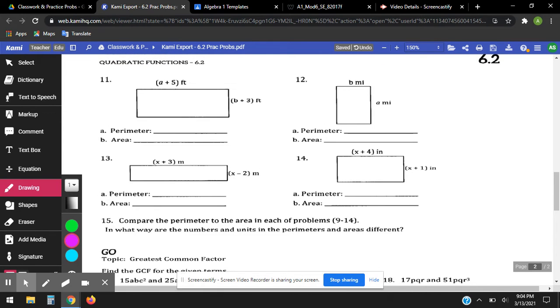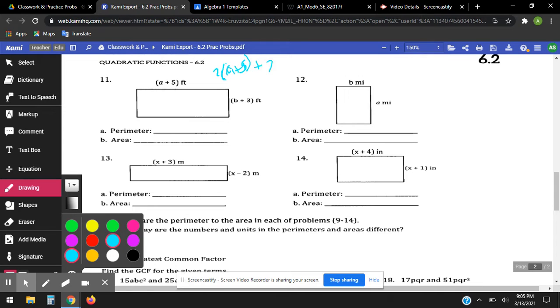Okay, here now they make them slightly different. So now we've got to do a little bit of work here. As far as these go, if I'm going to add them, I'm basically going to take 2 times a plus 5, plus 2 times b plus 3.